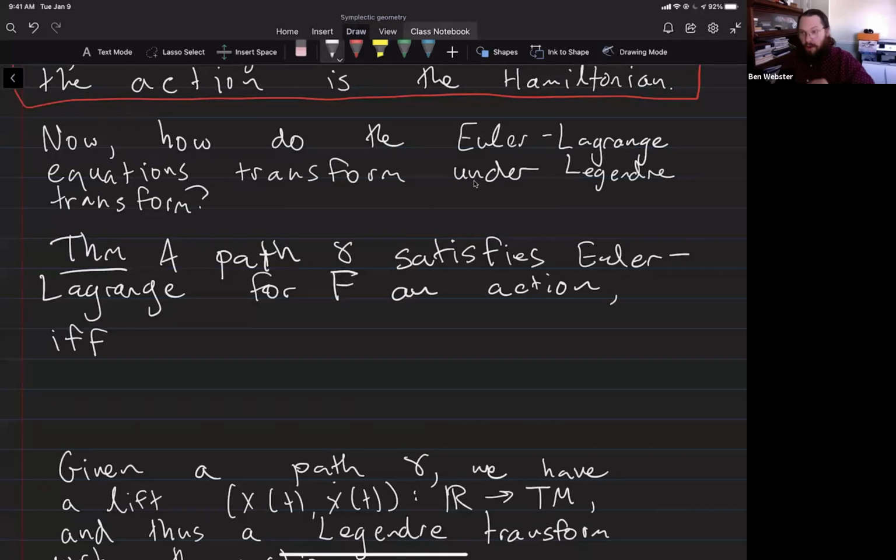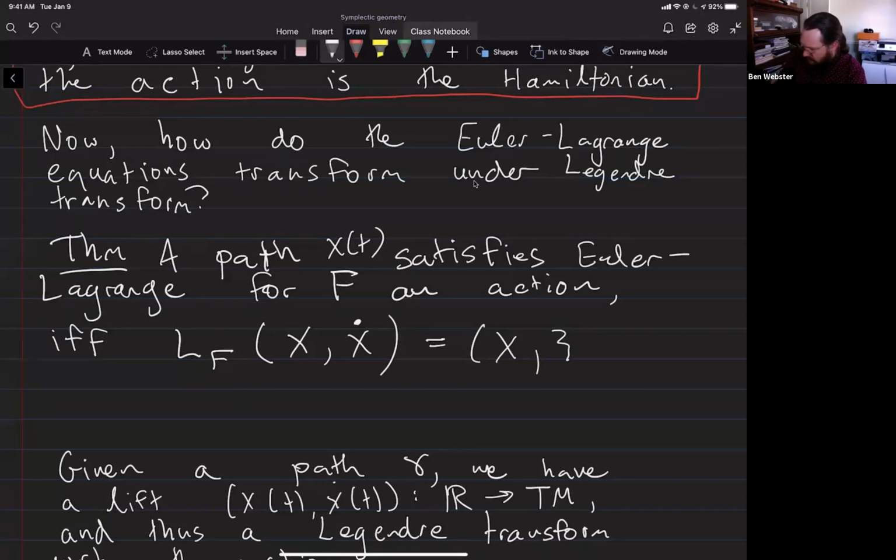the Legendre transform of its lift up to the tangent bundle, so the Legendre transform with respect to the action of the path, sorry, let me call this path x of t. So all of this depends on t: x of t, x dot of t.